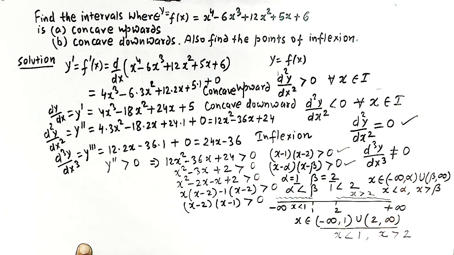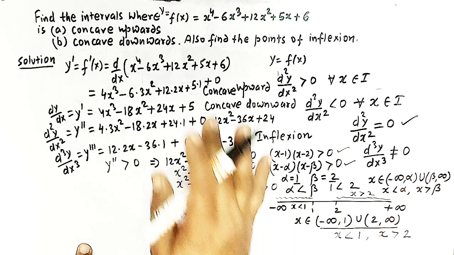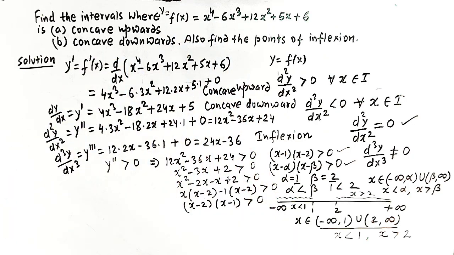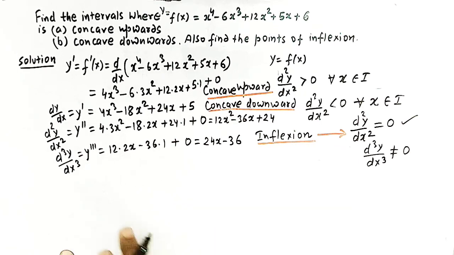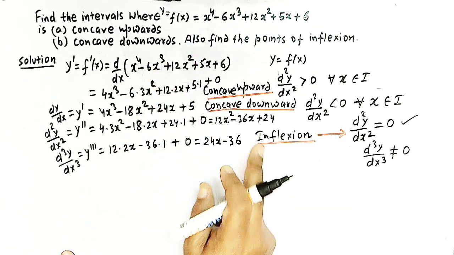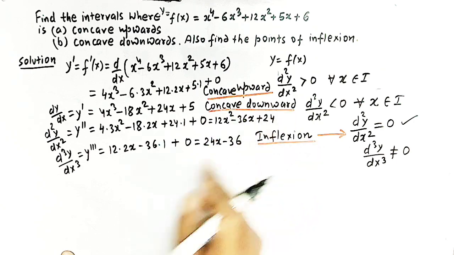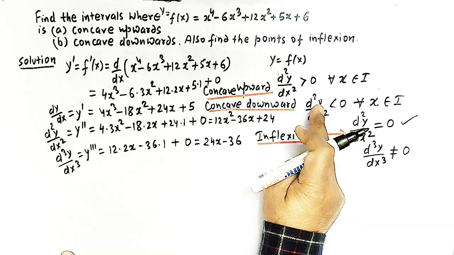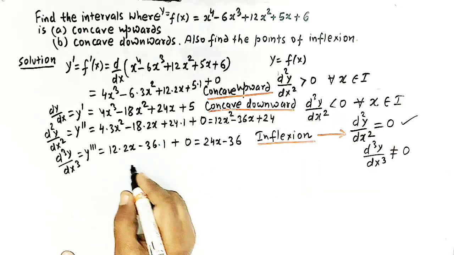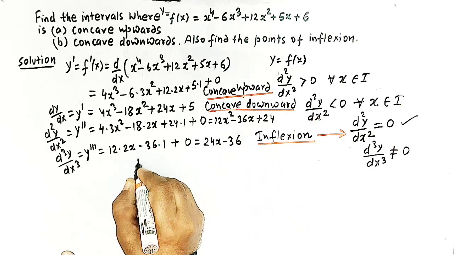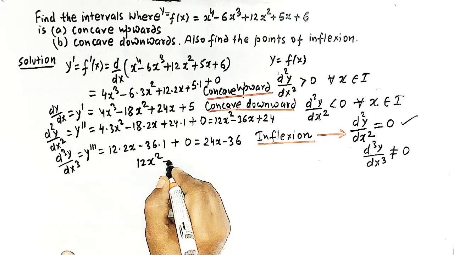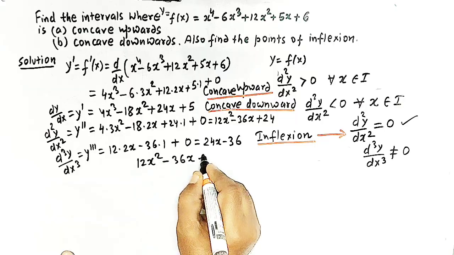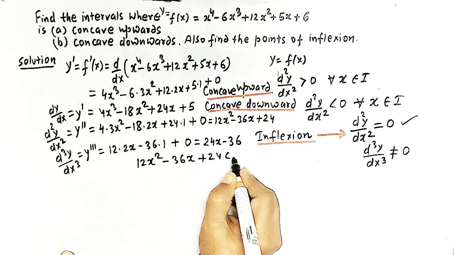So now let us find out the intervals where this function is concave downwards. So now the function is said to be concave downward for all values of x for which the second derivative is less than 0, that is 12x square minus 36x plus 24 is less than 0.